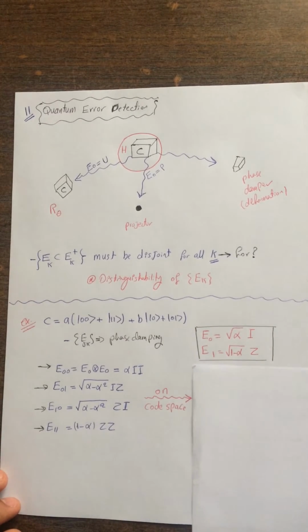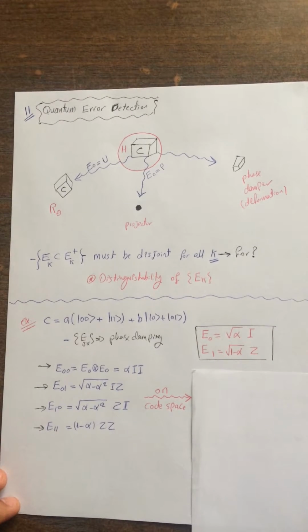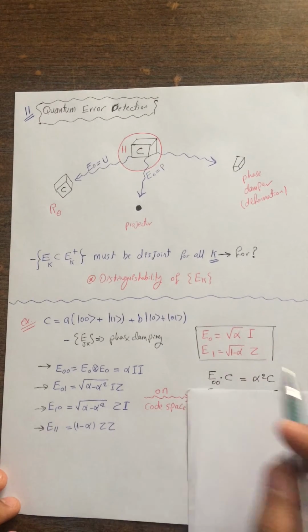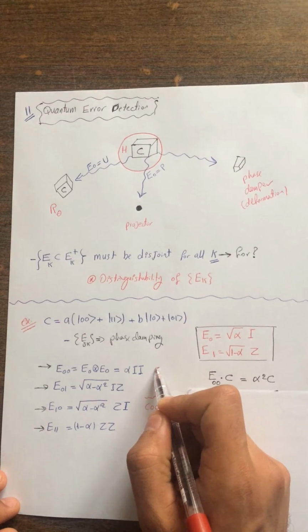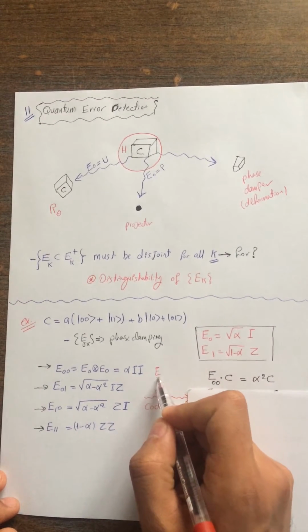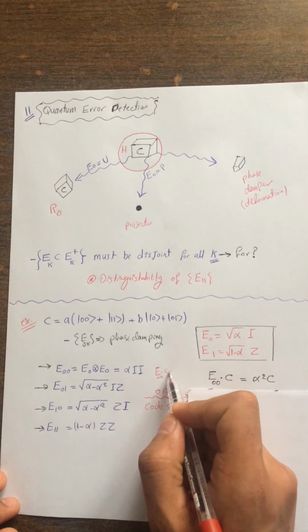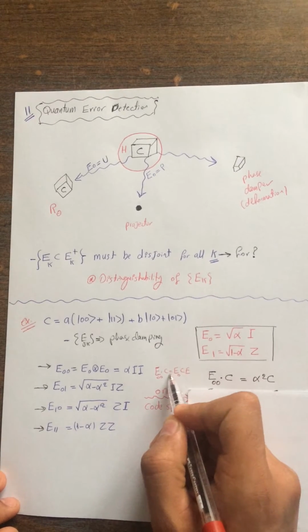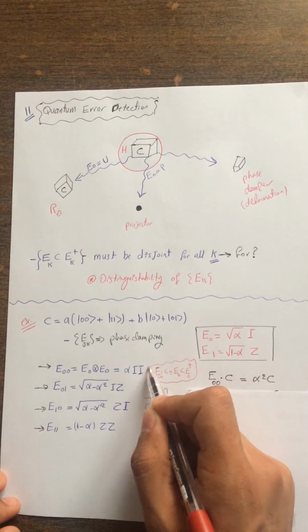Let's apply that on the code space C of our system, and let's see the result. The result for the first one is nothing else than, to remember this state, if I have E00 acting on C, it means that I have E00 acting on C, equivalent to E0 C E0 conjugate, right?